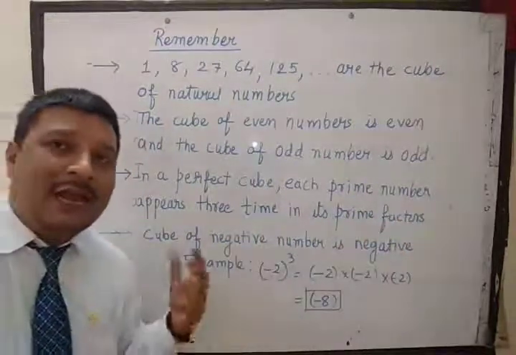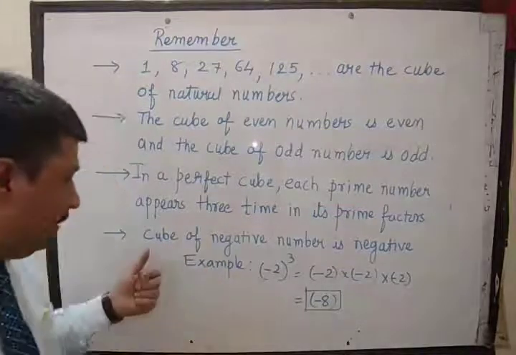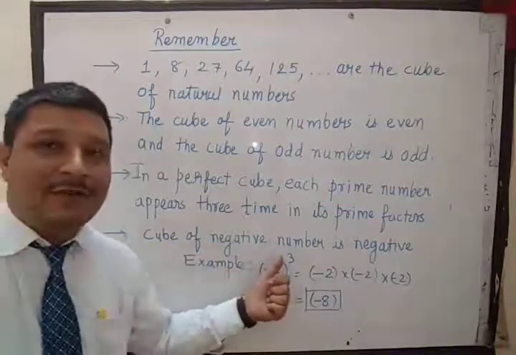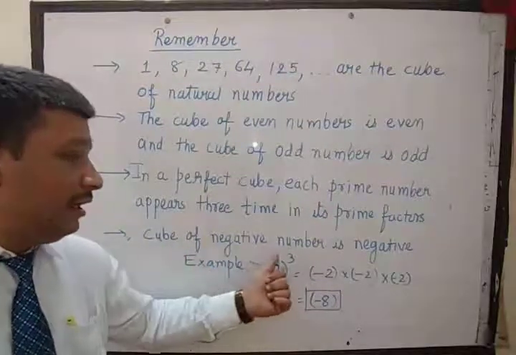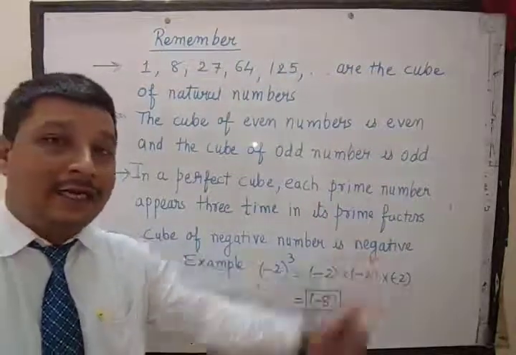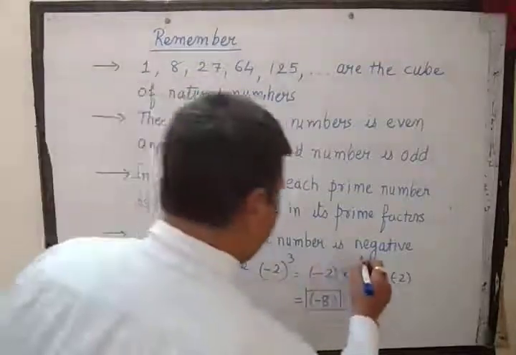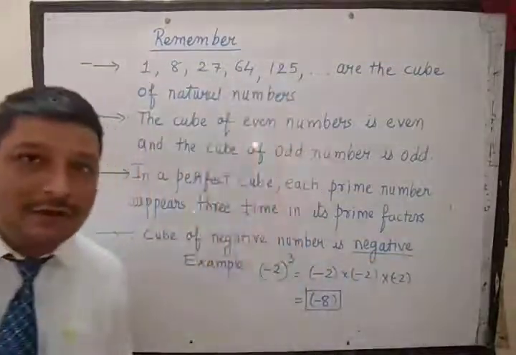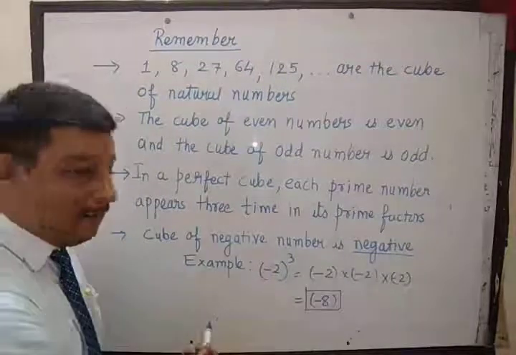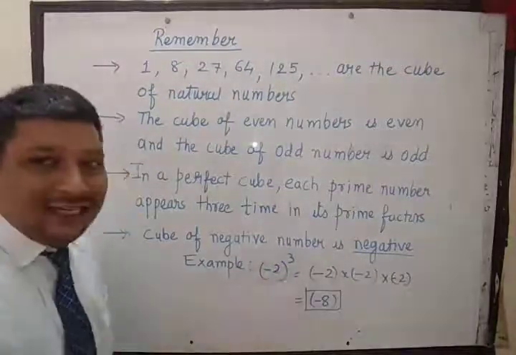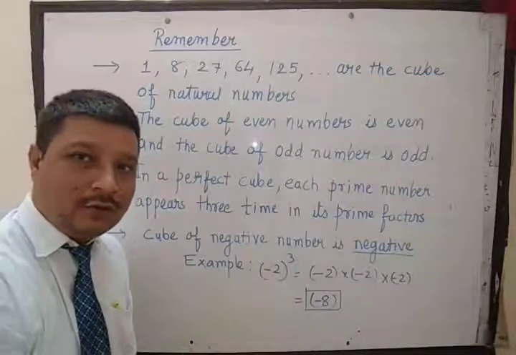New thing, sir, negative अगर हो तो number: if the cube of a particular number is negative, so the number is negative. ये भी याद रखना. It can be asked in blanks or in true or false. Okay? So the cube of a negative number is negative. Example, suppose minus 2 cube.